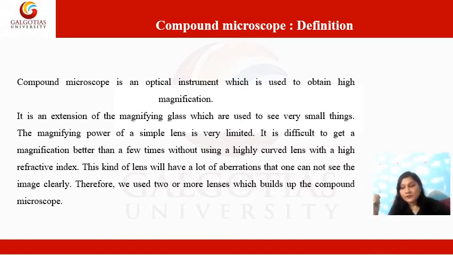Suppose we have to magnify a small image and we have a single lens. In order to get a better magnified image, we need a lens that has greater refractive index, but the result will be a blurred image. How? Because that particular lens may have a good magnification power, but its resolution power will be lesser.